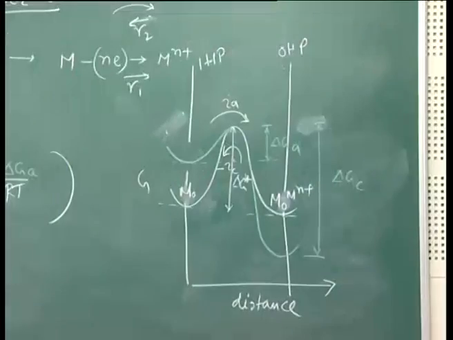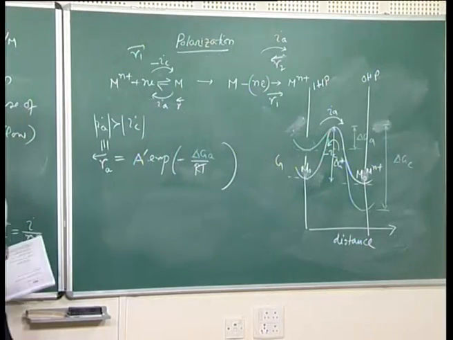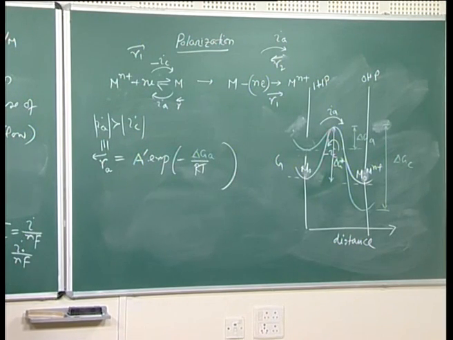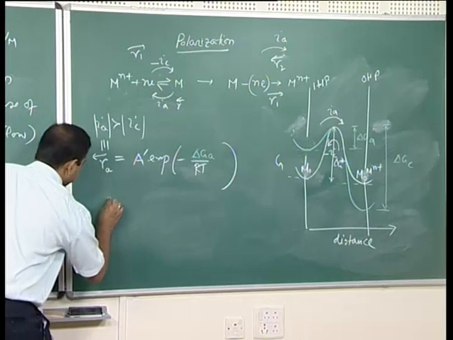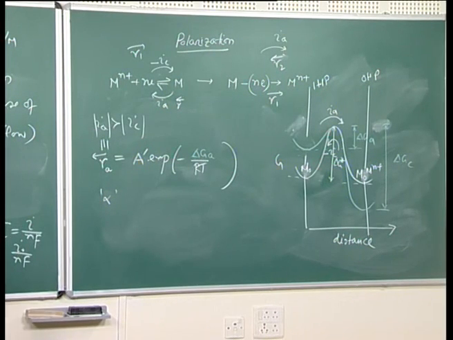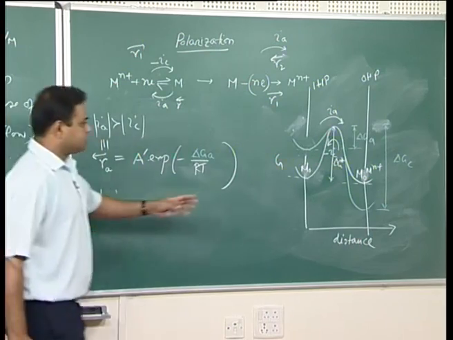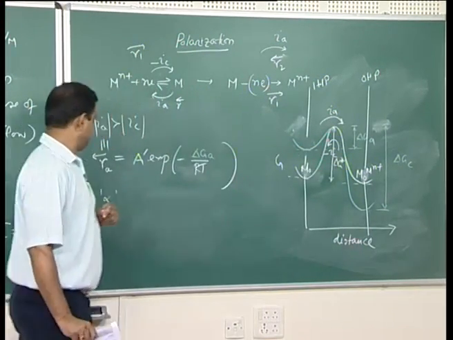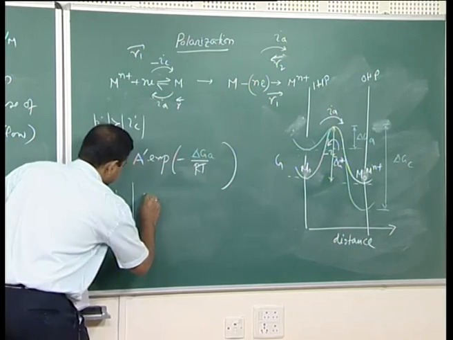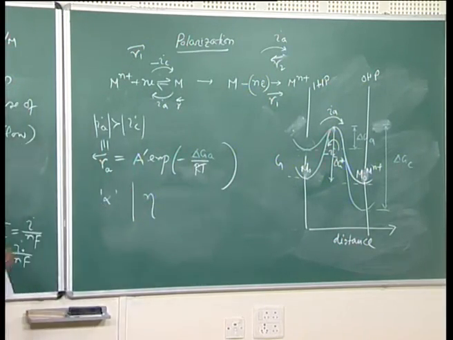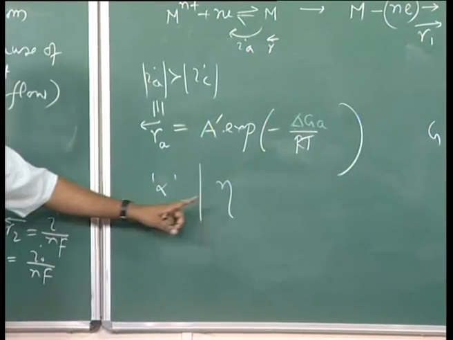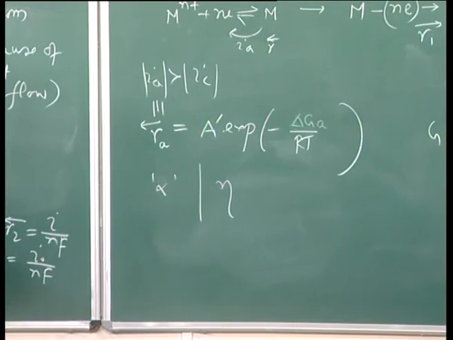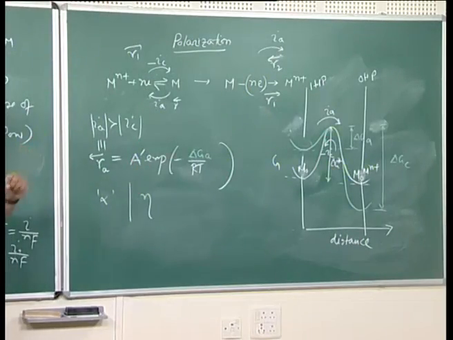Now, if any number of electrons are involved for this process, and let us say I have a fraction alpha, which is the symmetry factor related to this diagram, and if we consider that this is my total overvoltage, then this alpha fraction of the total overvoltage is contributing towards the anodic polarization.